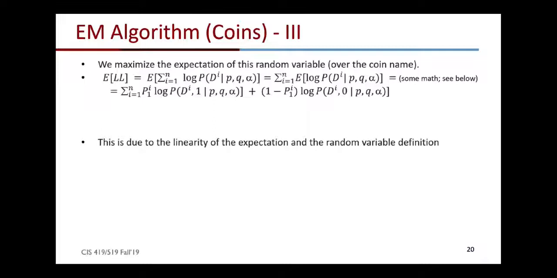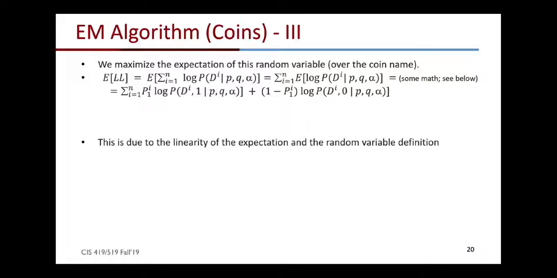And now I'm going to simplify this random variable. There is a little bit of algebra, which is going to be written later here, to move from this line to the next one. But basically, I can write this as the sum over all the data points of P1i times log probability of di when the label is 1, given the parameters, plus 1 minus P1i times log probability of di given that y is 0.